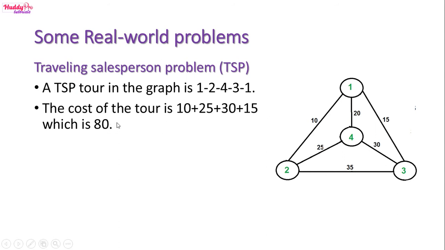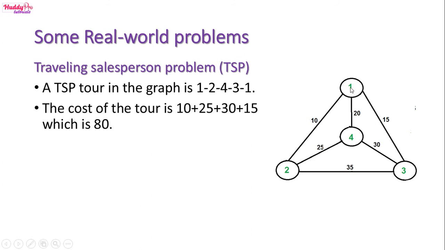This is the cost of our tour, the cost of the path, and this is the shortest path. If you wanted to move from 1, the start node, and you travel and reach each city, and then you come back to the starting node, you will find out that this is the shortest path: 1, 2, 4, 3, and then 1.